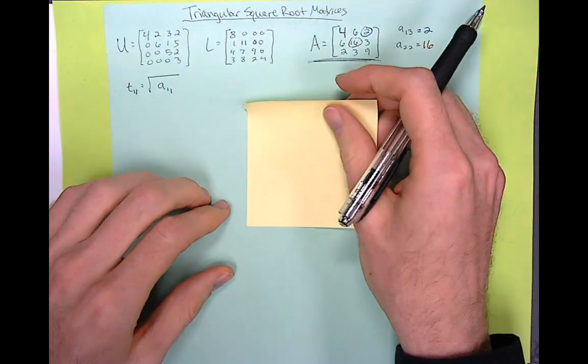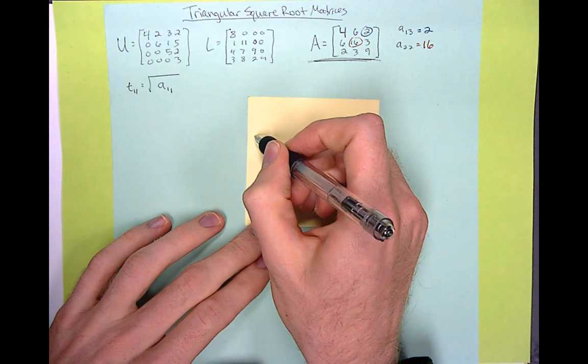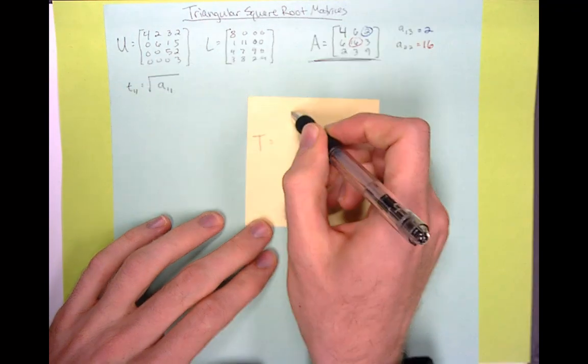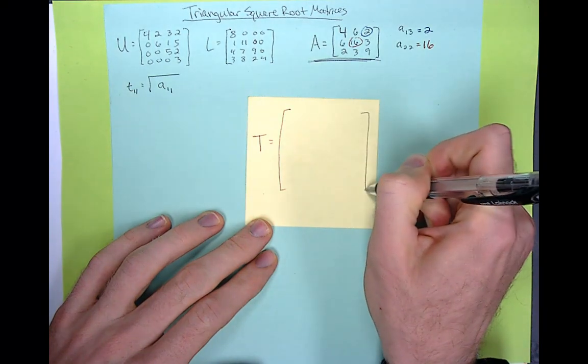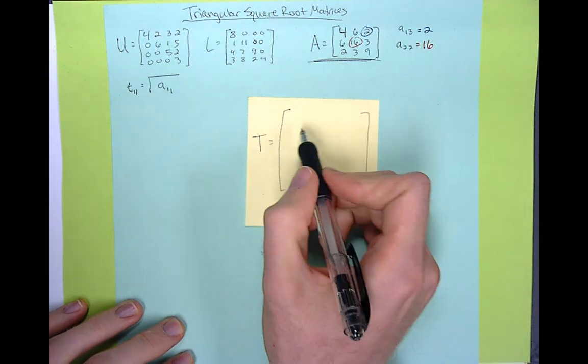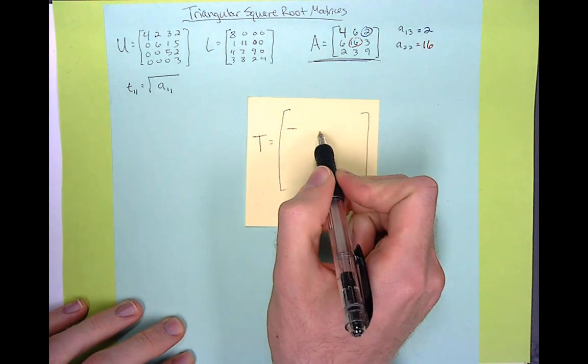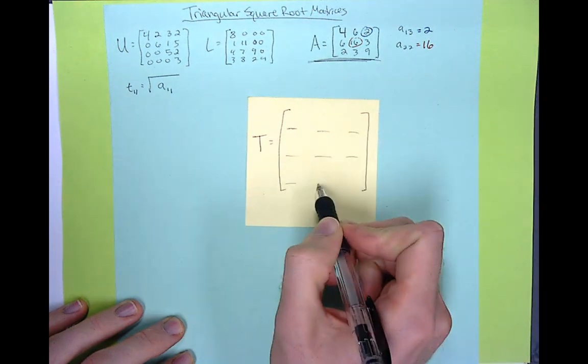Now I'm going to do this on this sticky note here. So T is going to be a 3 by 3 matrix, and these are going to be the values.